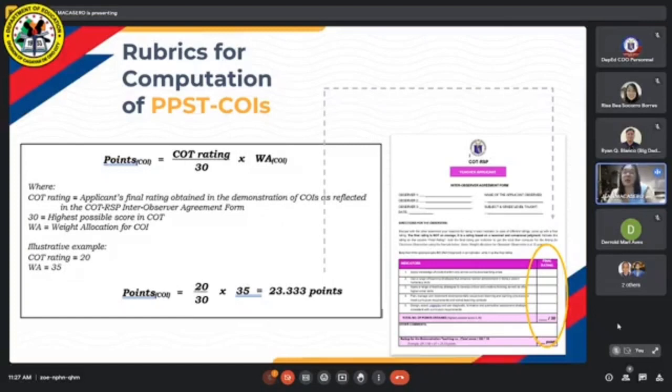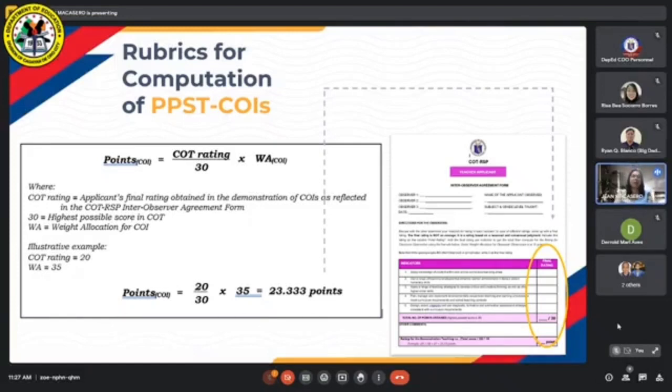That is used first. As I've said, there are 5 indicators, but the highest rating is 6. So 5 times 6 is 30, and 30 is the highest possible score. Then the weighted allocation for COI is 35.